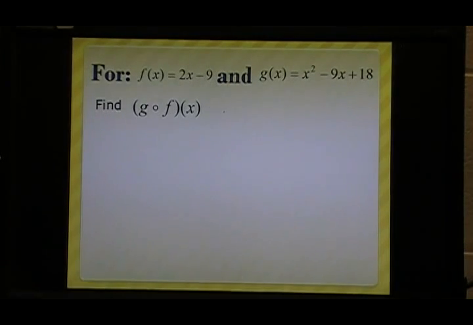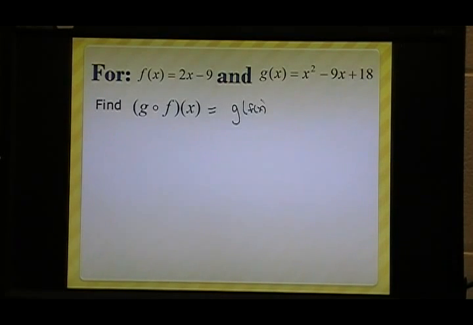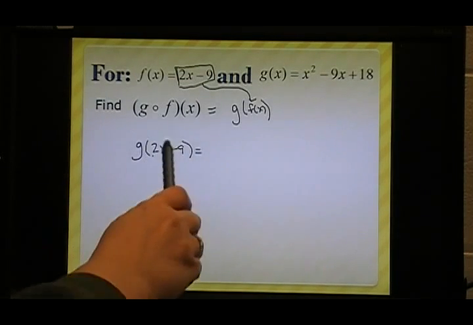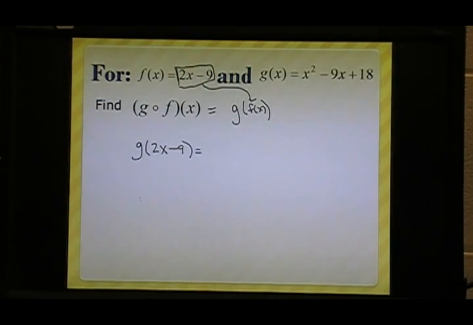So what we're doing is we're just going to take our f of x and evaluate g for that expression. So we have g of 2x minus 9, which is, substituting 2x minus 9 into my function g, I have 2x minus 9 quantity squared.